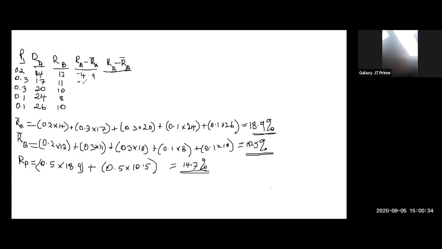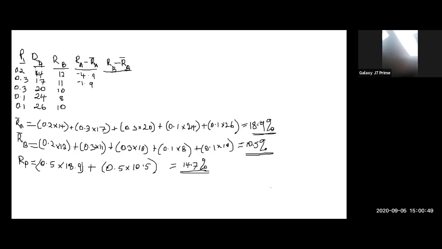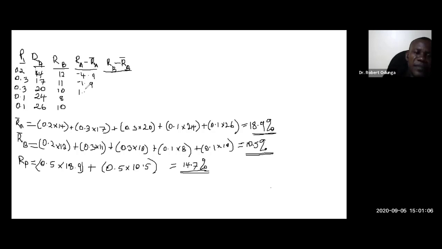Then 20 minus 18.9, that's a positive 1.1.